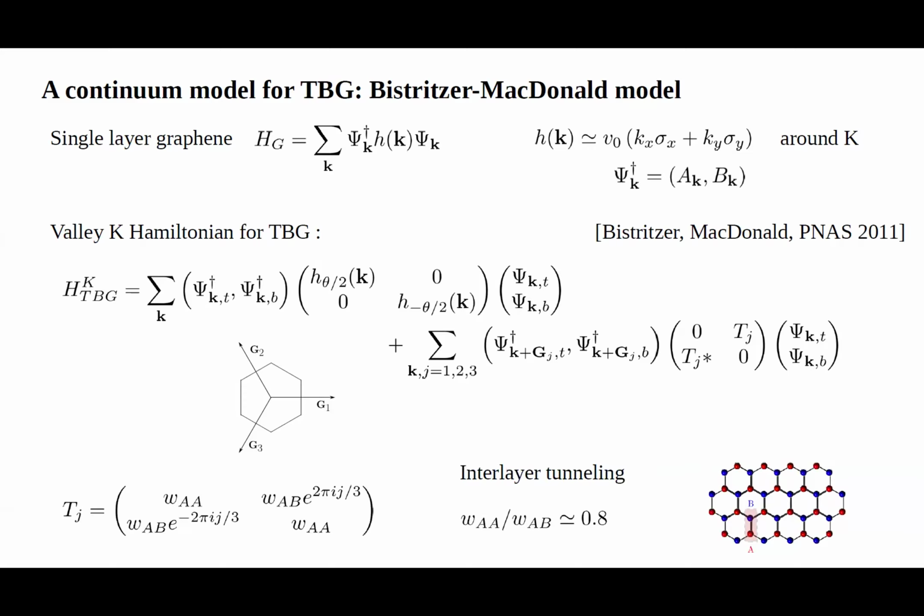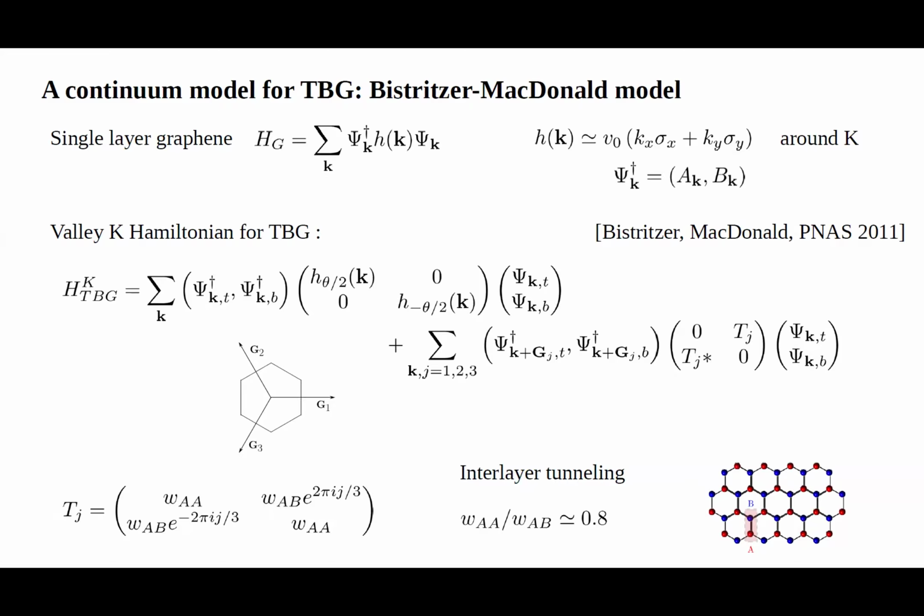And so this term is just the inter-layer tunneling. The inter-layer tunneling is local. And so you have places on the moire lattice where you have A on top of A, so you're going to tunnel from A to A, and this is with this value, WAA. And in other places, you're going to tunnel from A to B or B to A, with WAB amplitudes.